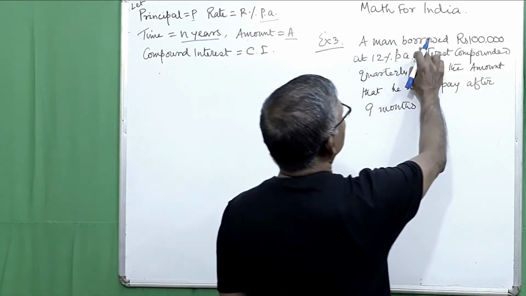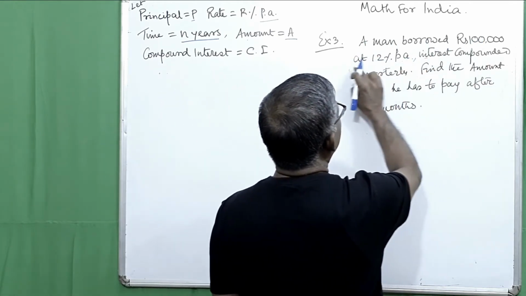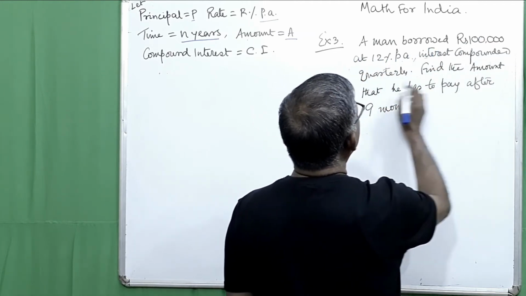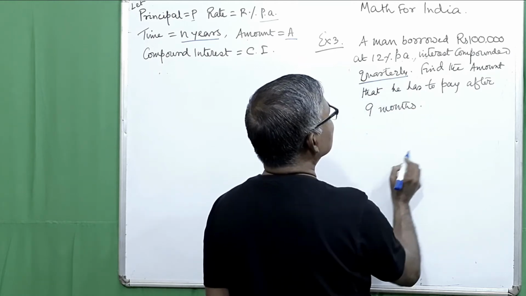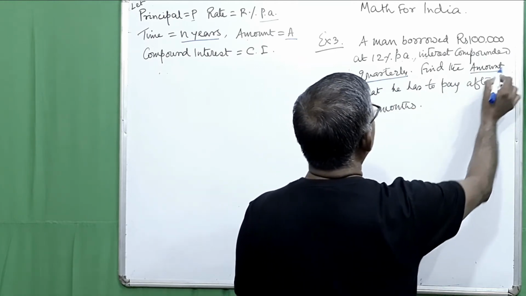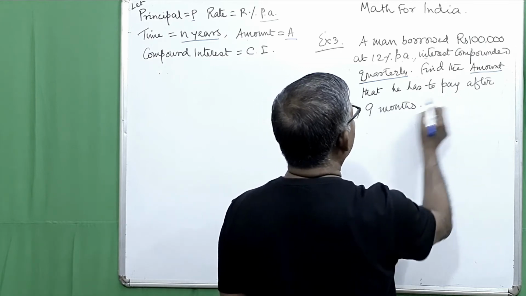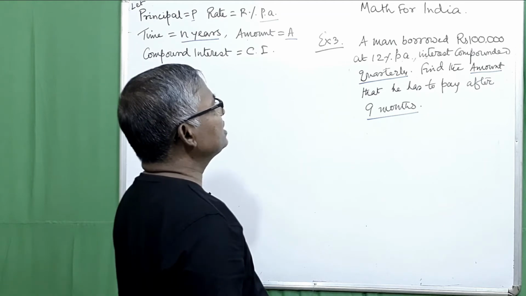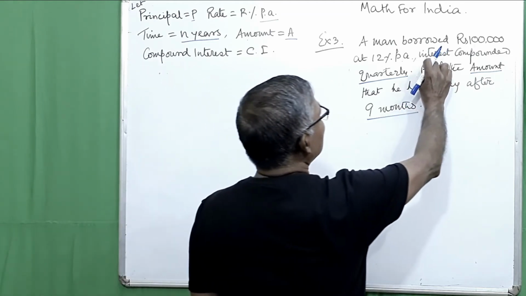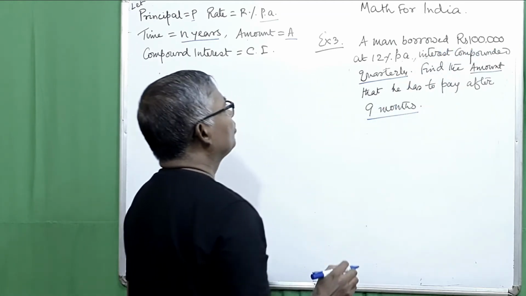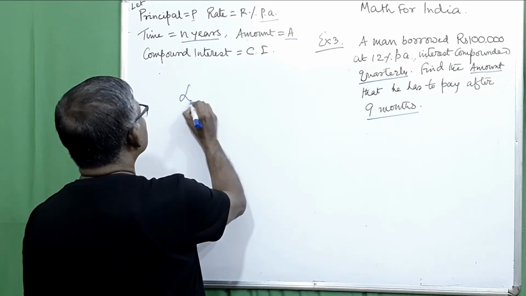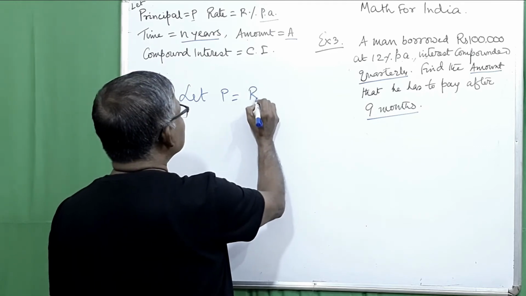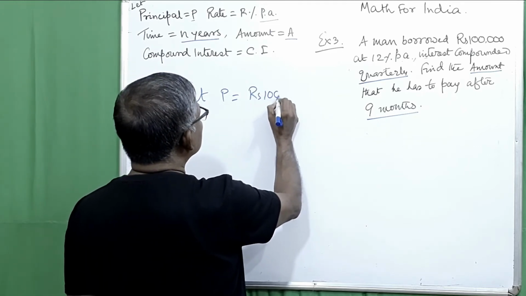A man borrowed rupees 1 lakh at 12% per annum. Interest compounded quarterly. Find the amount that he has to pay after 9 months. Students, here see interest compounded quarterly. Let P be the principal. Here principal is rupees 1 lakh.